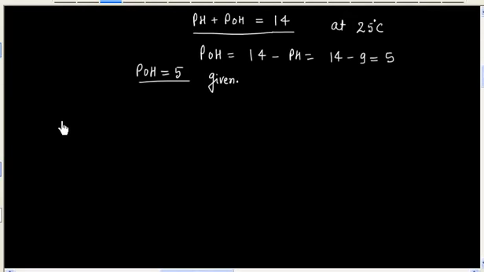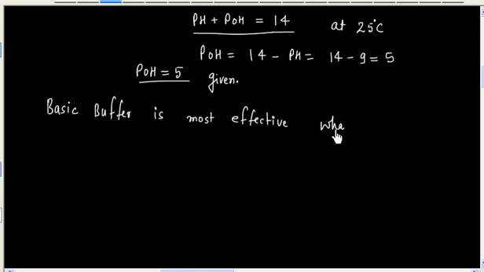Now we know a basic buffer is most effective when pOH is equal to pKb, or approximately equal to pKb.